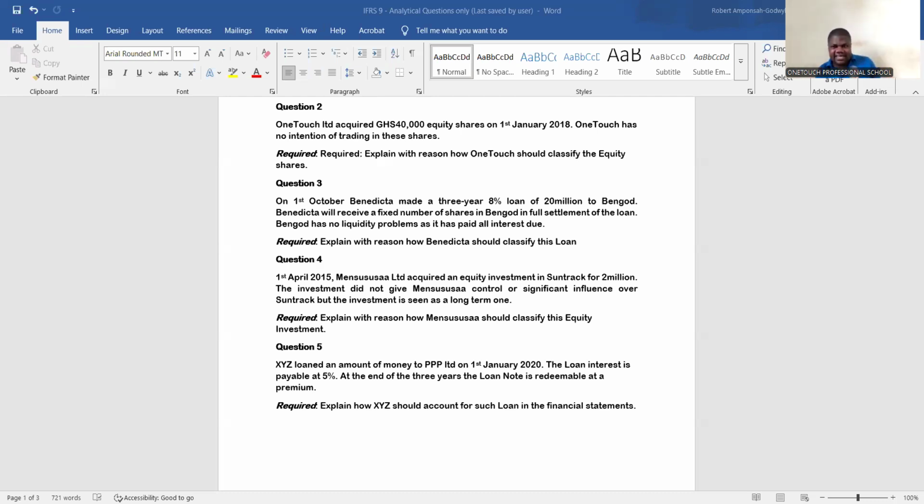Then you check: if it is not held for trading, you can say that because it is not held for trading, the entity can make an irrevocable election to measure it at fair value through OCI as well. Did you get it? Yes, sir.